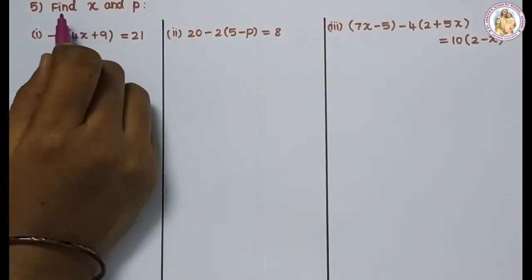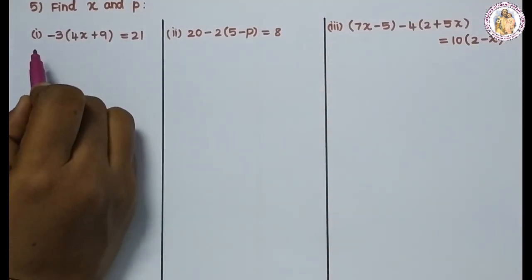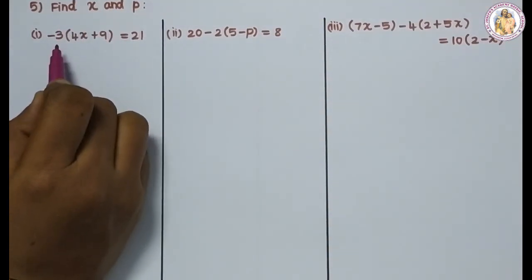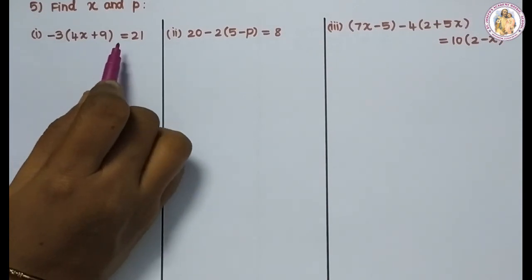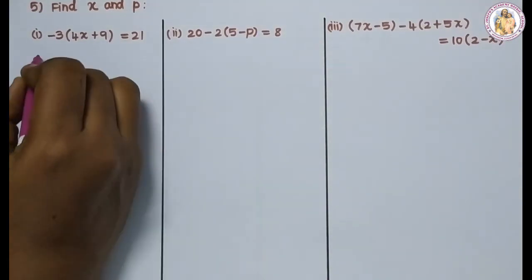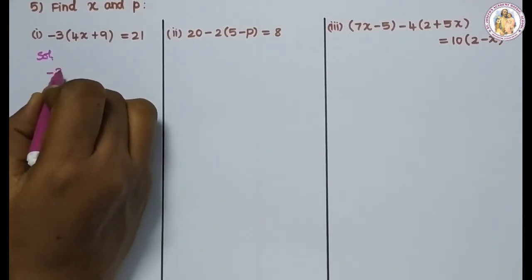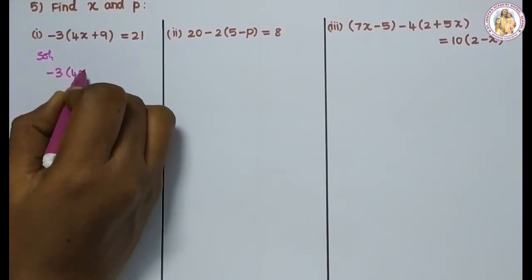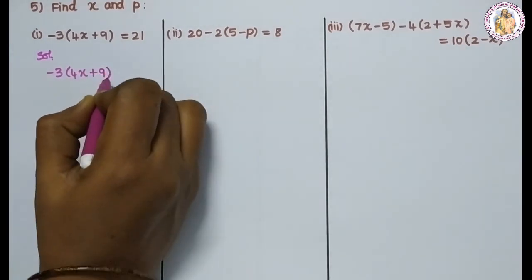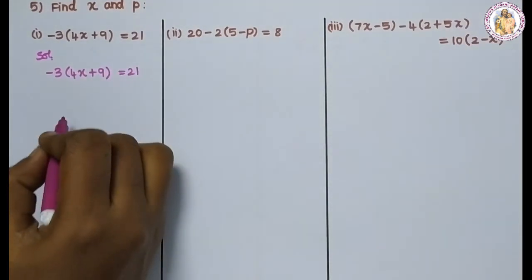Fifth sum, find x and p. First subdivision, minus 3 into 4x plus 9 equal to 21. Minus 3 into 4x plus 9 equal to 21.